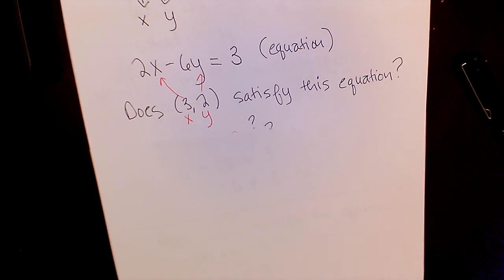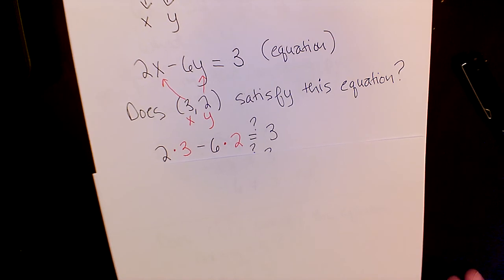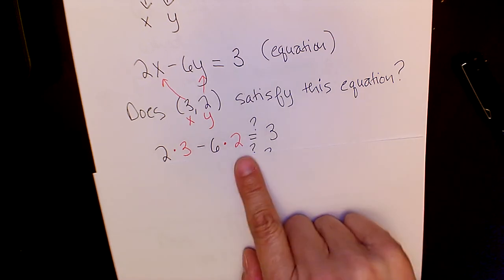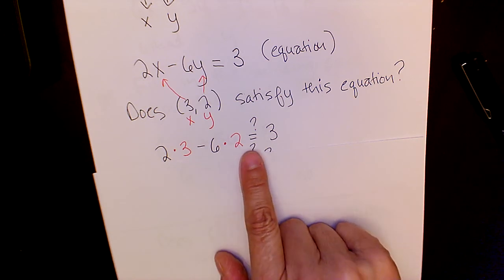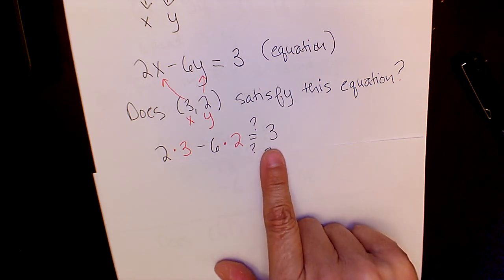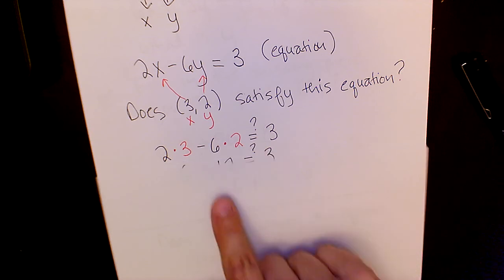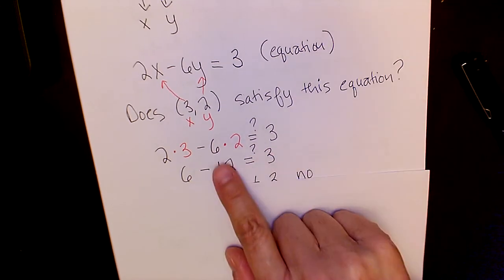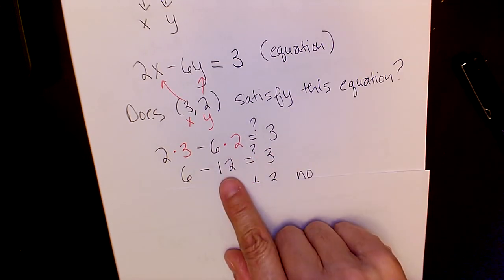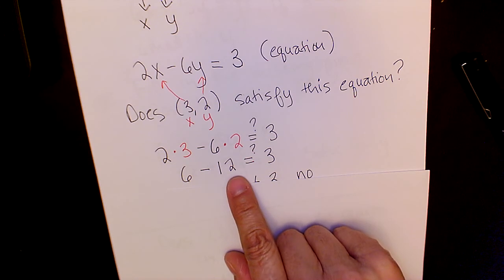Okay, so this is what I tried. Plugged in 3 for the x and 2 for y. So I did 2 times 3 minus 6 times 2. Does that equal 3? I don't know just yet. So 2 times 3 is 6, and minus 6 times 2 is 12.